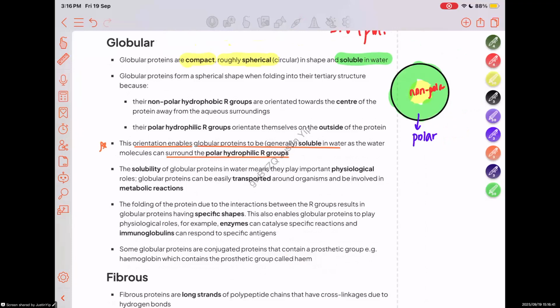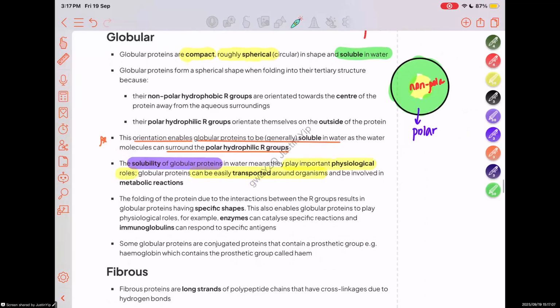And the fourth part is the solubility of globular proteins in water, which means they play important physiological roles. Globular proteins can be easily transported around the organisms. So this part is our globular protein structure.